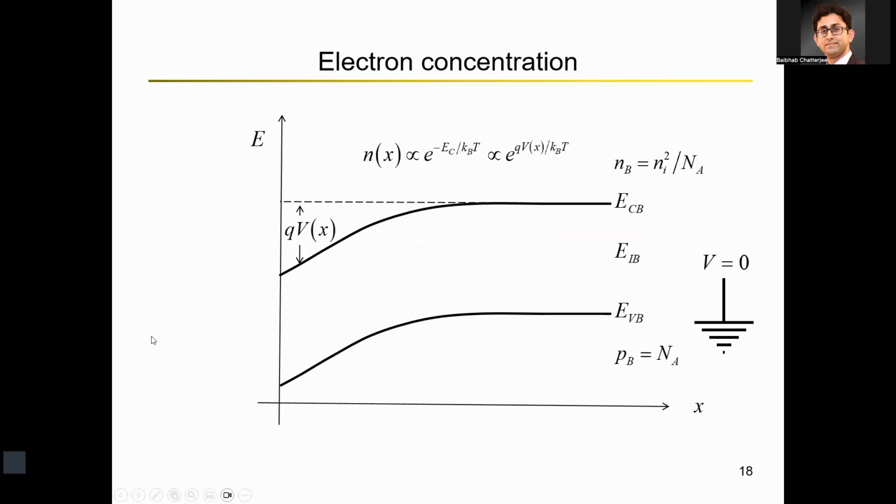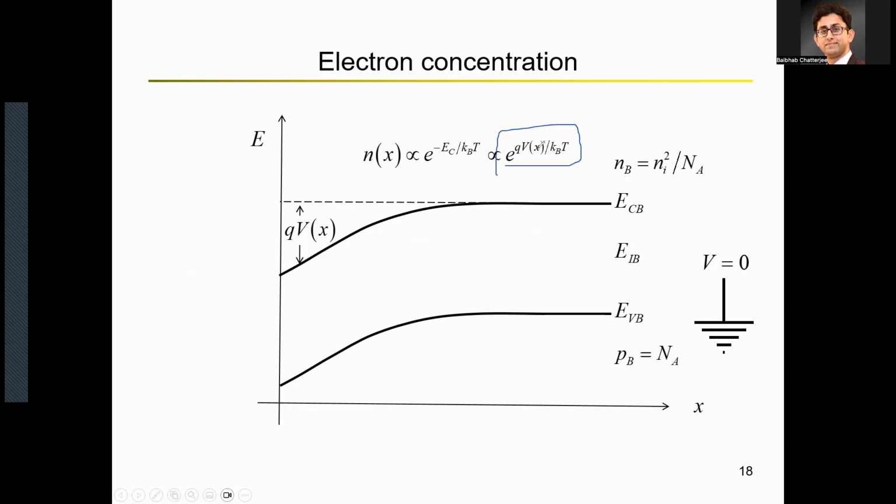Now, if you put it in the form of an equation, I'm not going to emphasize it too much, but you'll see that it has an exponential relation with respect to the amount of voltage that you have at any point. The voltage is represented as Vx along the semiconductor structure, with the x-axis representing the distance x from the junction between the oxide and the semiconductor. Similarly, the hole concentration will also have an exponential relation.